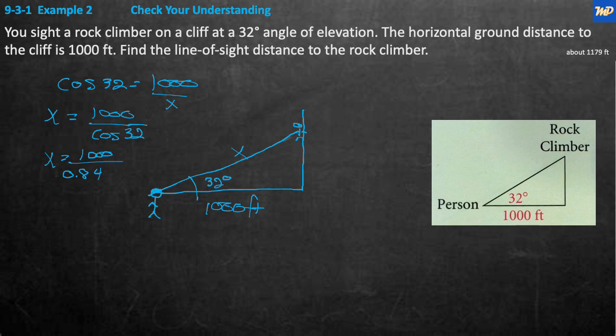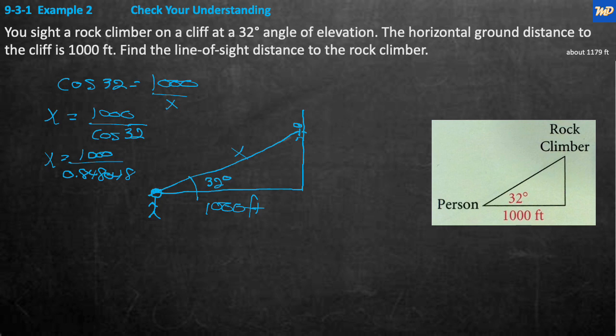I'm making more mistakes than I know what to do with here. Sorry. Let's get it right, Bob. 0.848048. We'll stop there. So that's the cosine of 32 degrees.